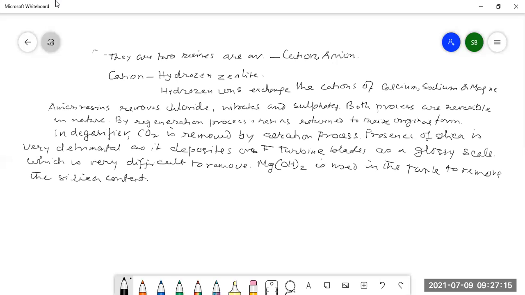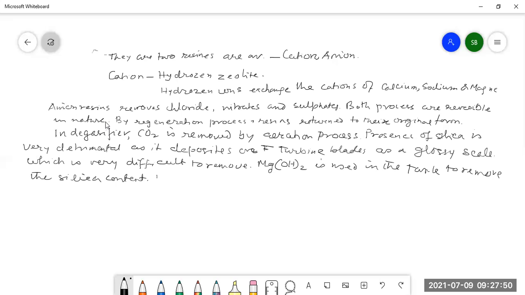It can use the surplus energy from the power plant itself, and it is gaining more importance because of its usefulness. It uses the principle of reverse osmosis.